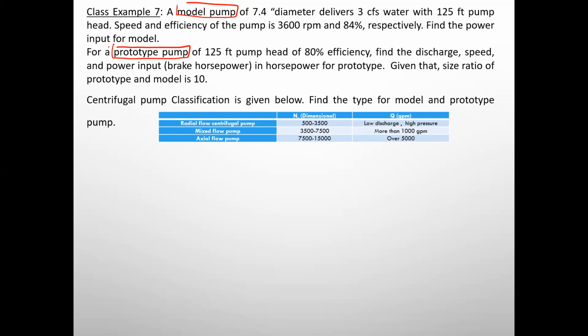Since we have model and prototype, I will write down the values for model and prototype. For model we have diameter, so I can use D1 or DM, it doesn't matter. I'm just using DM, 7.5 inches.